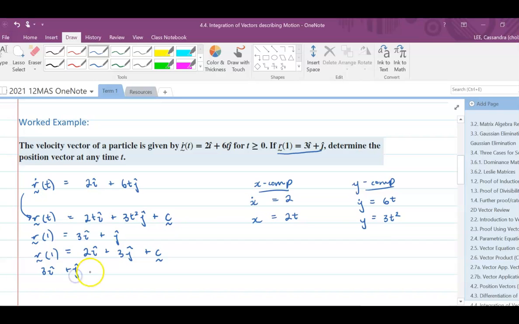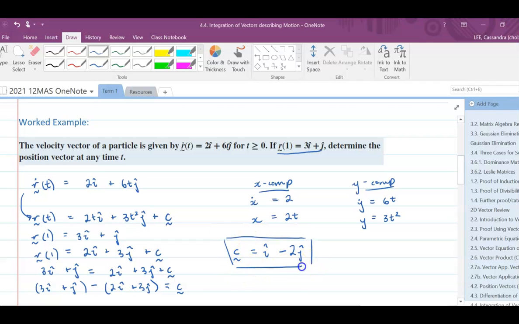So 3i plus j is equal to 2i plus 3j plus c. Now we just need to rearrange. So 3i plus j minus 2i plus 3j will be equal to our constant c. Alright, so rearranging, 3 minus 2 gives us 1i, and then 1j minus 3j is going to give us negative 2j. So here we have the value of our constant.